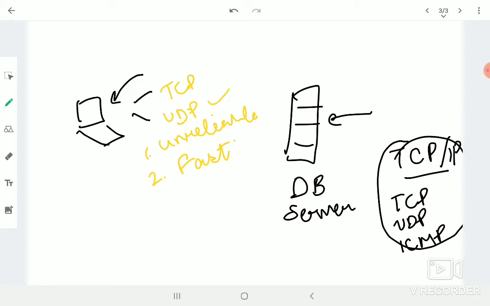I'll give you another example which will help you have a clear understanding of UDP. Let's say there are two people talking to each other over a phone call, and let's assume that every word they speak is a packet. Now, I've got three packets being sent by this person to this person. He says, "I am here."